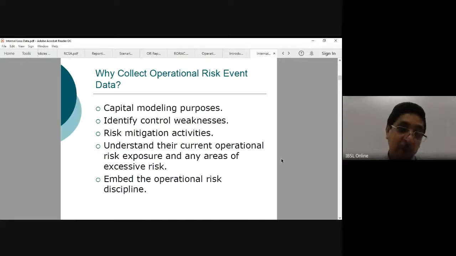All staff members should have this concept. That is what you mean by embedding the operational discipline. It is not an easy task, but with organized activities and set procedures, you will be in a position to embed the operational discipline among the minds of the staff members.